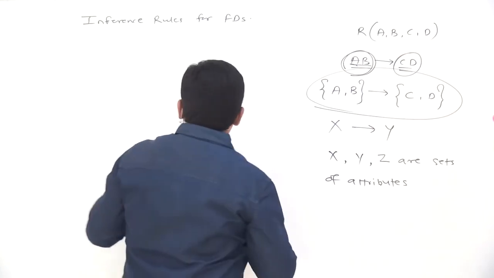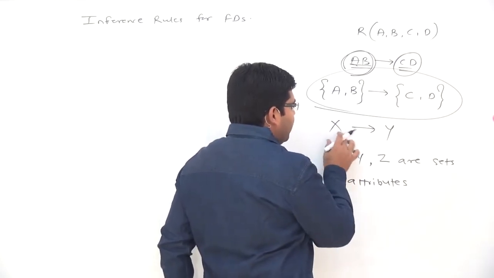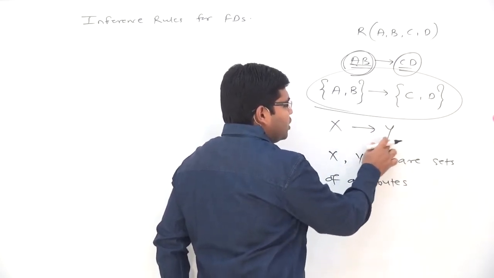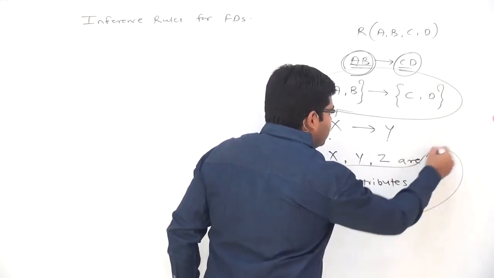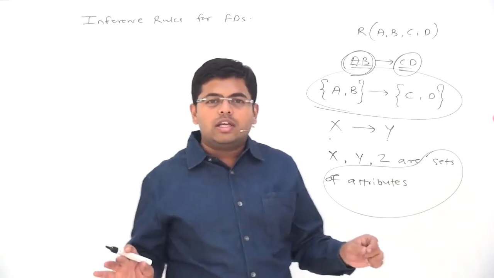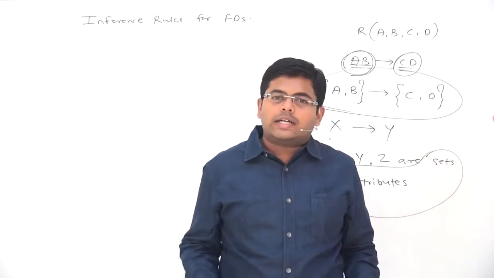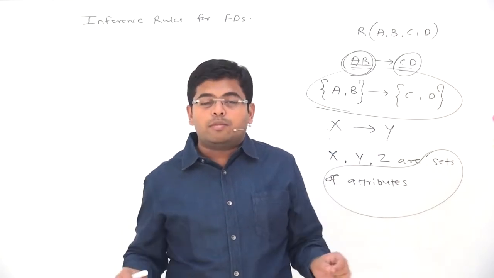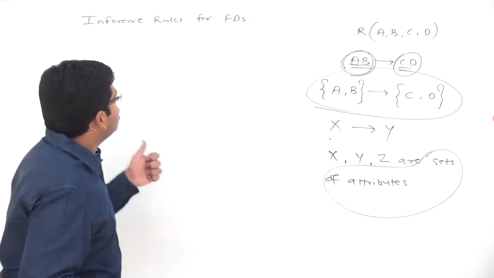And for whatever rules we are going to see, whenever you see an FD of the format X gives Y, you should treat X as well as Y as sets of attributes. They may be single attributes also, but more generally, think of both the left hand side as well as the right hand side as a set of attributes, not a single attribute. Now let's see the rules one by one.